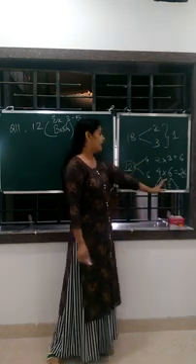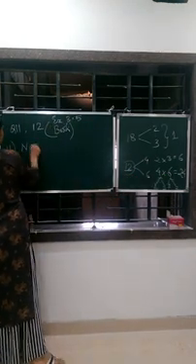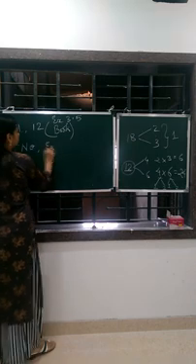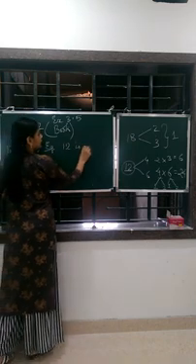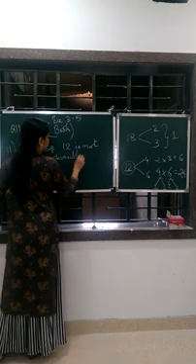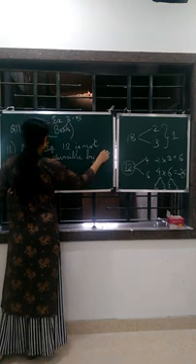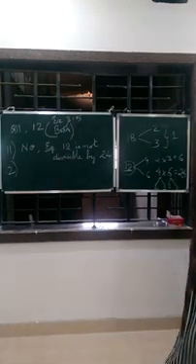So this is how it does not satisfy the property. So the answer should be what? For the 11th one, no. Example, 12 is not divisible by 24.